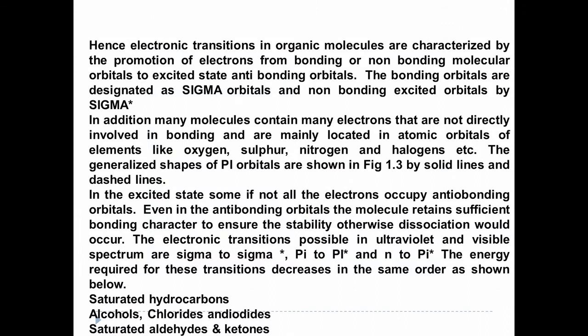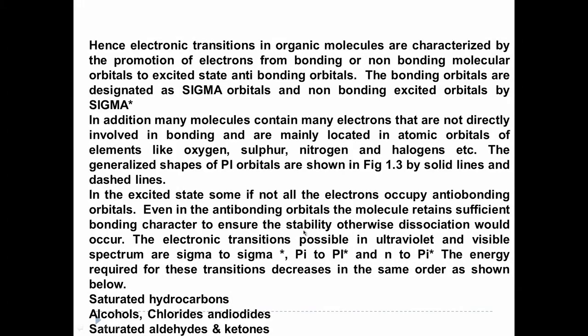In the excited state, even in anti-bonding orbitals, the molecule retains sufficient bonding character to ensure the stability of the system. Otherwise, dissociation would occur. So whenever we talk of a higher energy level, the molecule is at a higher, excited energy state, but it is not completely dissociated.